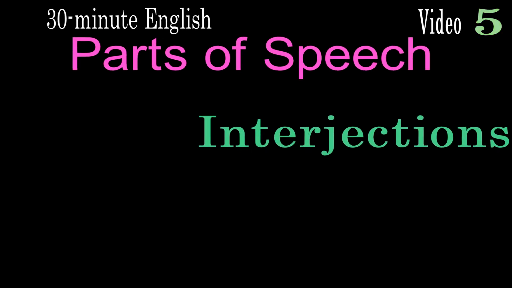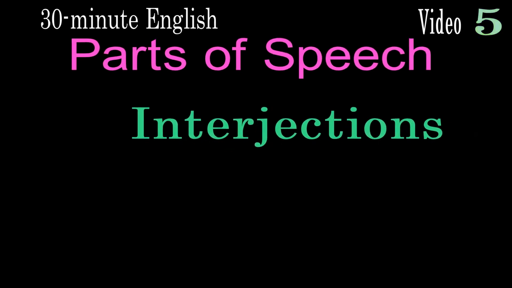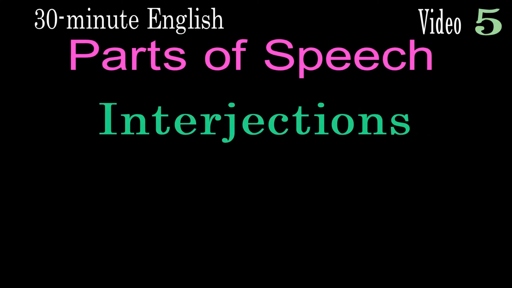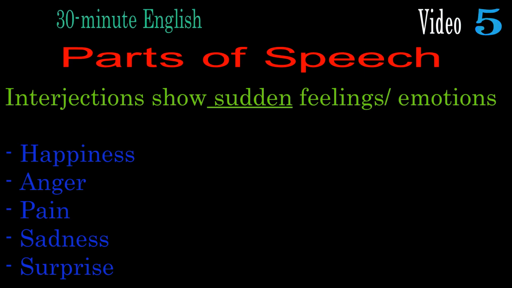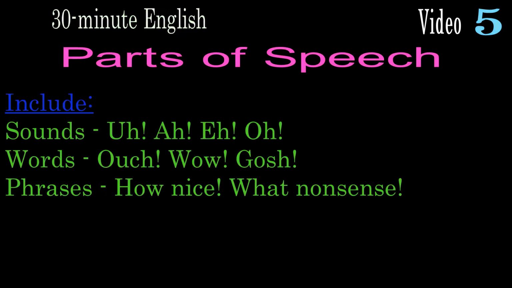We now move on to see what are called interjections. Interjections have an alternative name as well, that is exclamations. Interjections show sudden feeling of happiness, anger, pain, etc. They include different sounds, words or phrases like ouch, wow, gosh, hurrah, what nonsense, how lucky.